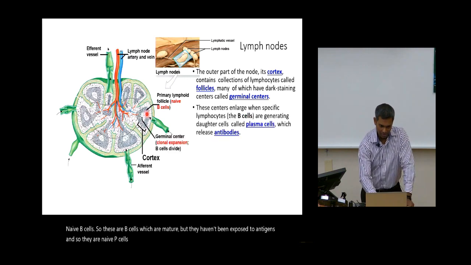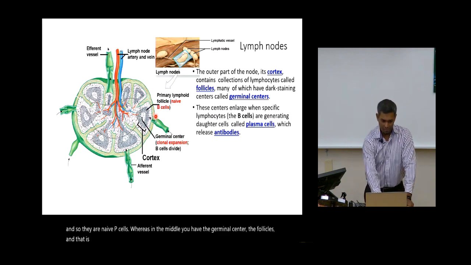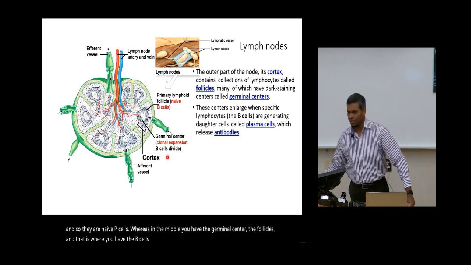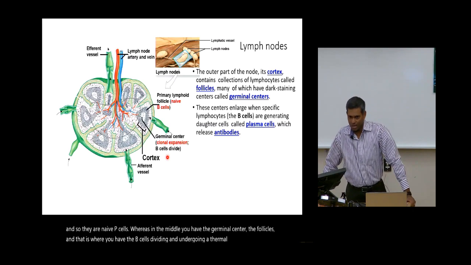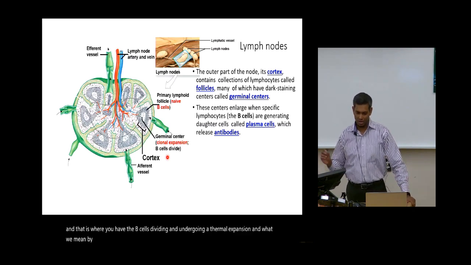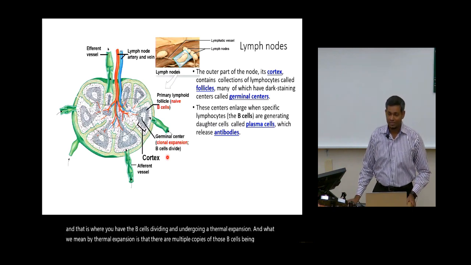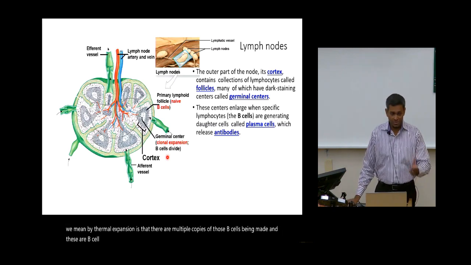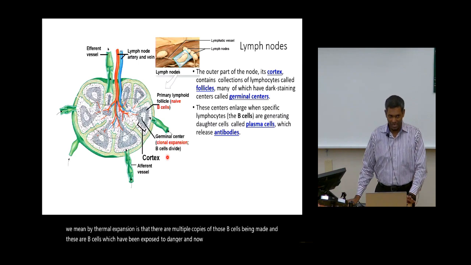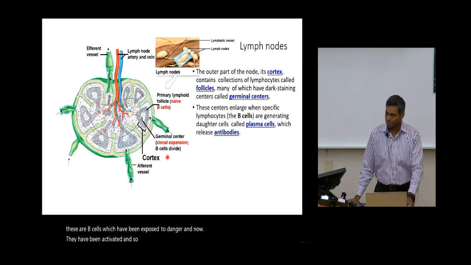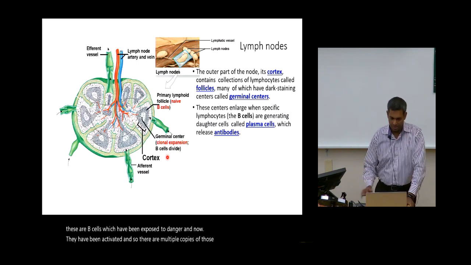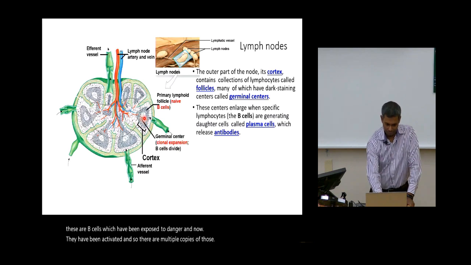Whereas in the middle you have the germinal center in the follicles, and that's where you have B cells dividing and undergoing clonal expansion. What we mean by clonal expansion is that multiple copies of those B cells are being made. These are B cells which have been exposed to danger, and now they have been activated, and so multiple copies of those B cells are being made in the germinal center.